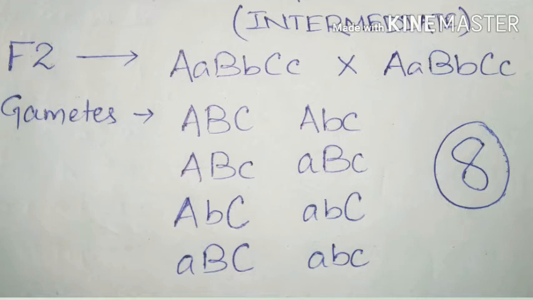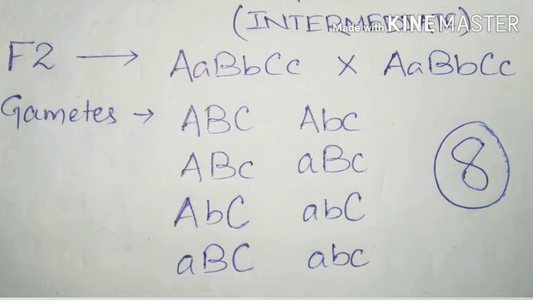Then write 2 capitals and 1 small: capital A, capital B, small c, then capital A, small b, capital C. After that, 2 small and 1 capital, and the last one should be all 3 genes in small letters, meaning the recessive character. Then you can find the 8 gametes.